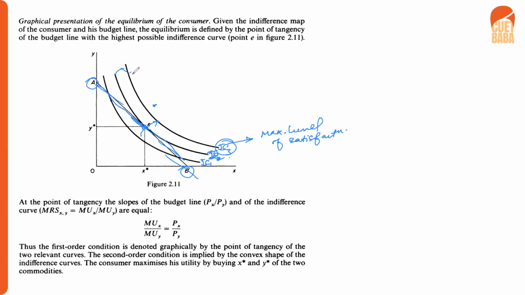Even though that might give me the maximum level of satisfaction, I have to see my level of income as well, right? So this would be the level where it satisfies my utility as well as the level of income that I receive. Okay, so based on the budget line, we will be estimating the IC like this. Next, moving on.